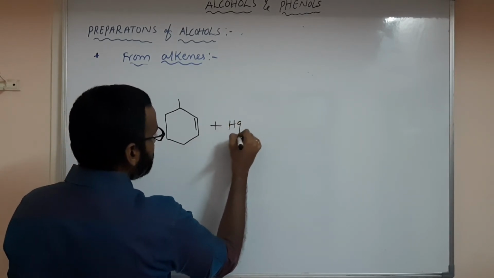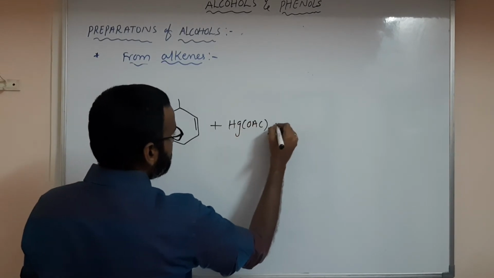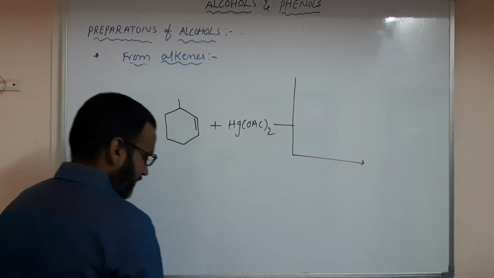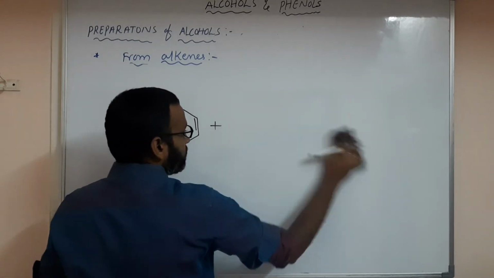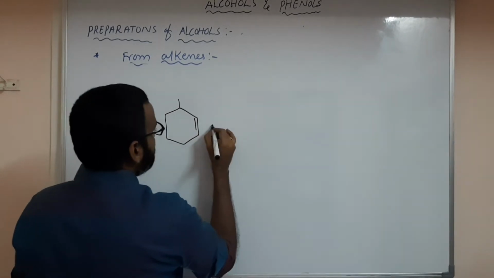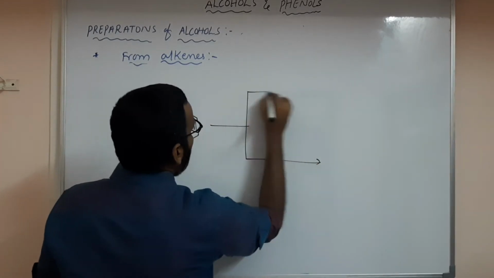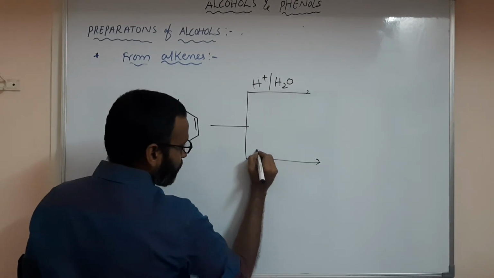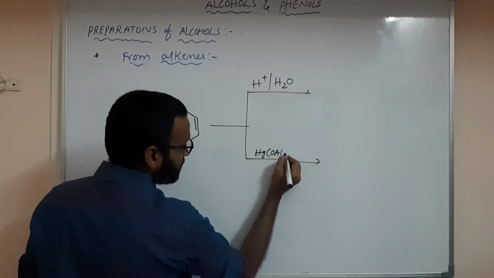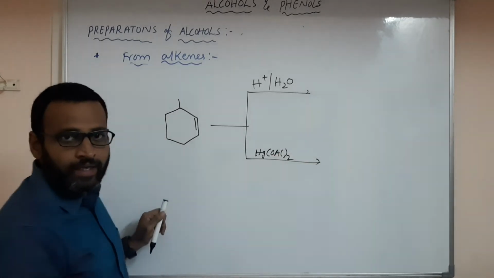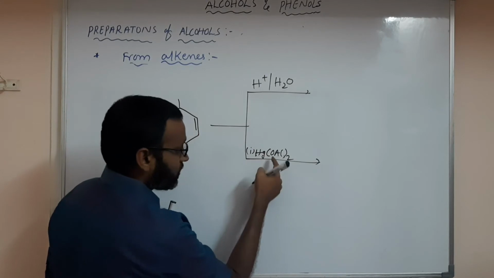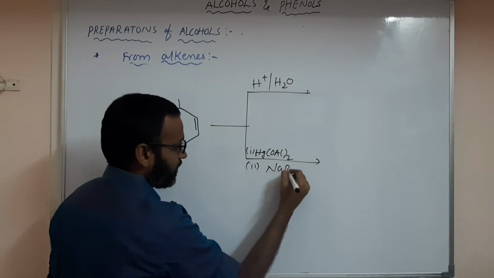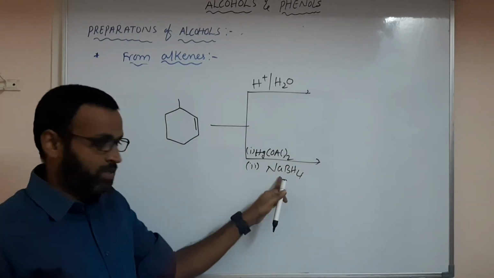Now I am adding Hg(OAc)2, and on the arrow H plus and water. This is oxymercuration. The demercuration reagent is what they'll ask you. The demercurating agent is NaBH4, so that I can break the bonds.